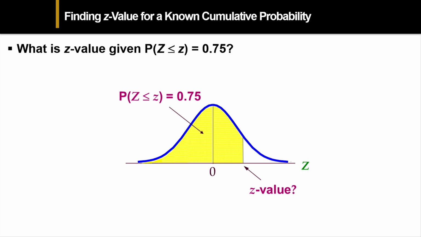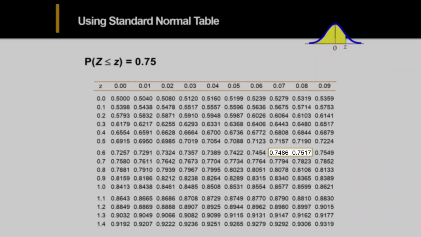What if we start with the probability and we want to find where that x value is? So what's the z-score that will give us 0.75 area shaded underneath the curve? Well, two ways to do this. If we have a standard normal table, which is easily searchable online and comes in every statistics textbook ever made, we can look that up.